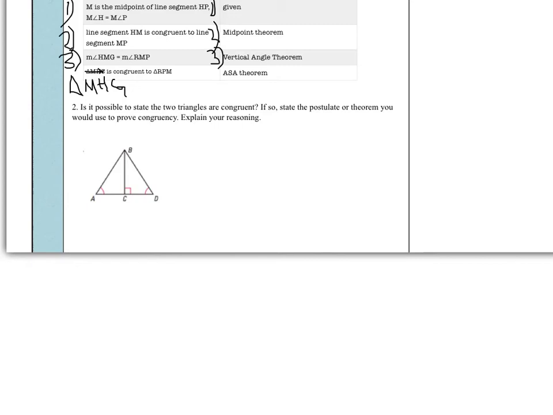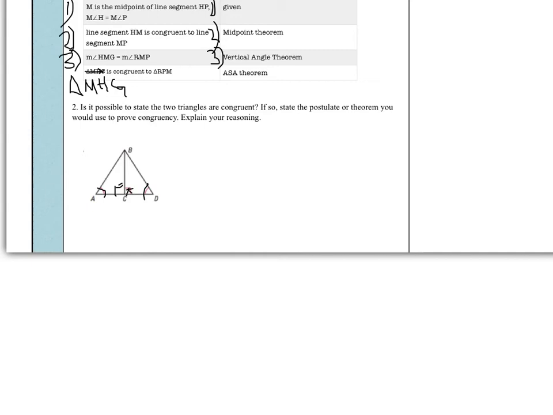Well, I know that this angle is congruent to this angle, so I have two congruent angles, and I know that this is a right angle, and when we have a linear pair, and we know this makes a right angle, well, we know that this is also going to make a right angle because of the rule of a straight line is 180 degrees and half of that is 90.